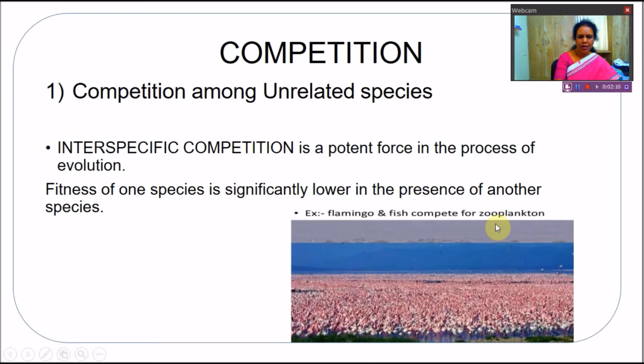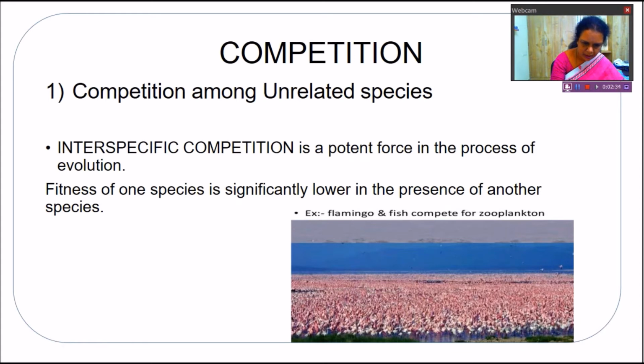flamingos and fishes in the shallow areas of, see the picture here, in the shallow South American lakes.